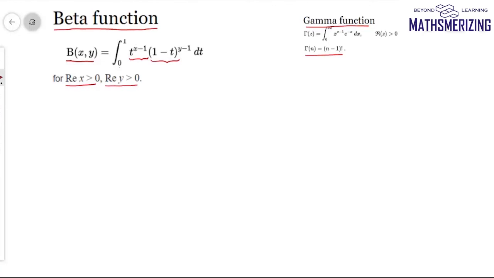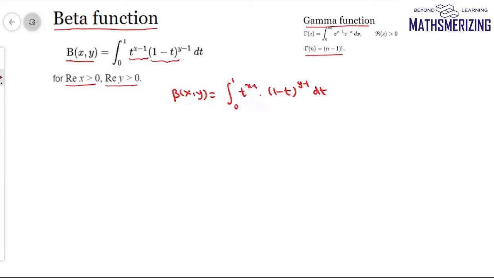So now we'll study some of the properties of beta function and we'll prove some results also. So if I consider this beta function, I can write it as beta xy, and this is integral from 0 to 1 t to the power x minus 1, 1 minus t to the power y minus 1 into dt.